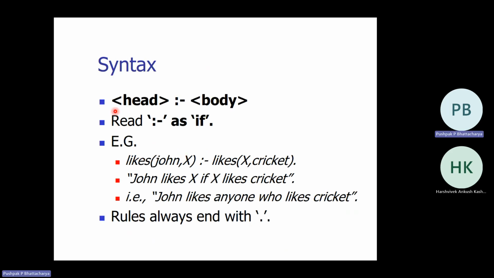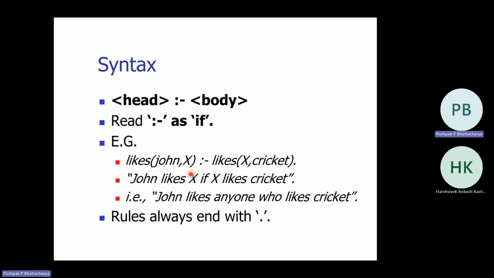The basic syntax of Prolog has what is called the head part and then a body part. Naturally this operator is called the neck, because between head and body the linkage is through the neck. It is also read as "if".